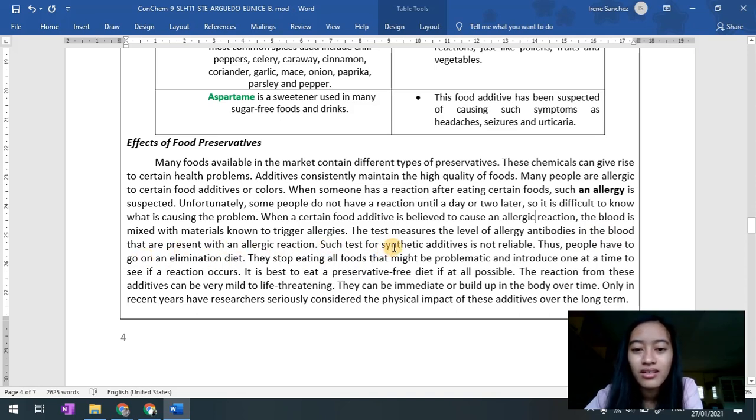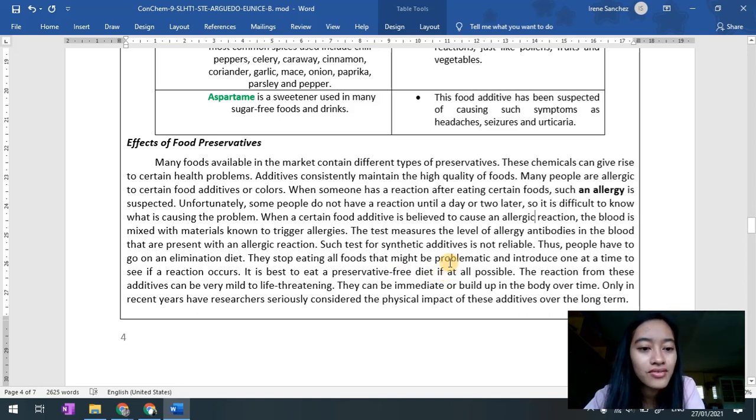Such a test for synthetic additives is not reliable. Thus, people have to go on an elimination diet. So, you remove the suspected allergen. They stop eating all foods that might be problematic and introduce one at a time to see if a reaction occurs. It is best to eat preservative-free food if at all possible.